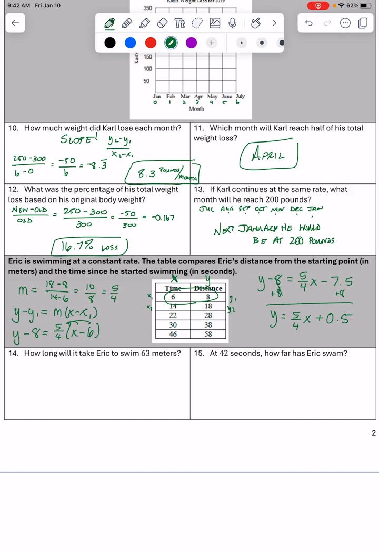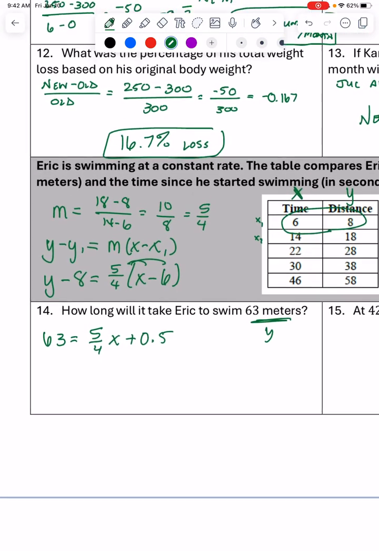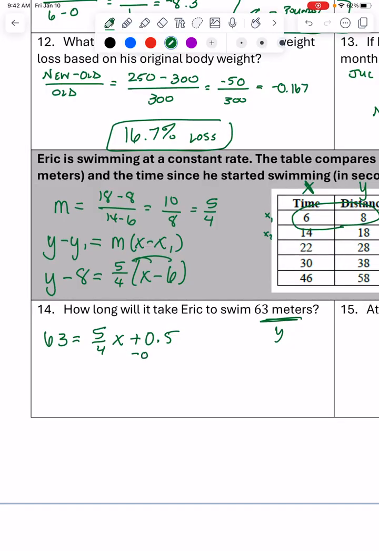Okay, so it says how long will it take Eric to swim 63 meters? So this is a distance, so this is a y. So let's plug in 63 for y. Okay, and if we solve for x, so we subtract 0.5.